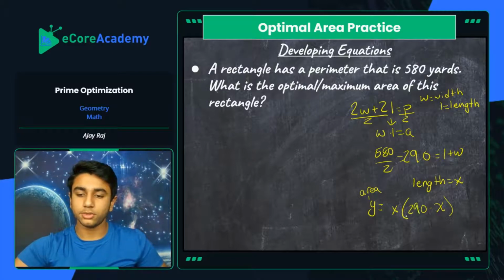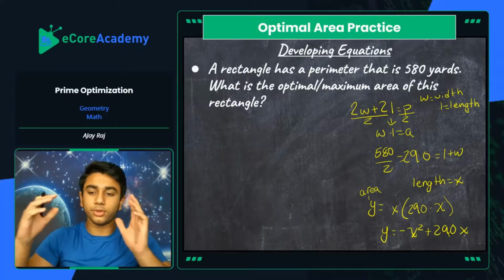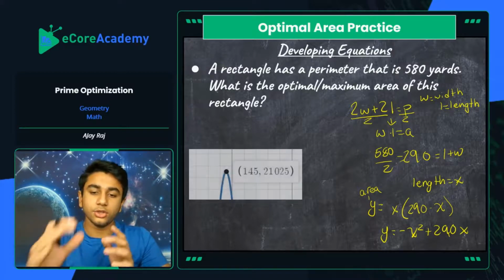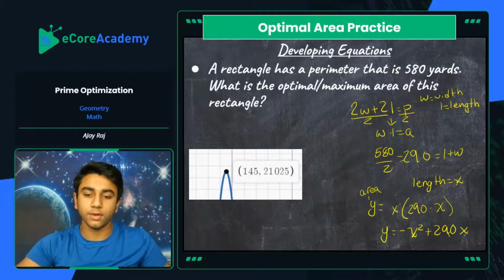So you're going to multiply those across. We see that negative x squared plus 290x is our equation, and that's all we have to do from here with our calculations. We're merely just going to plug that into our graphing calculator, and you should get a graph that looks like this with our final vertex at 145, 21,025 yards.